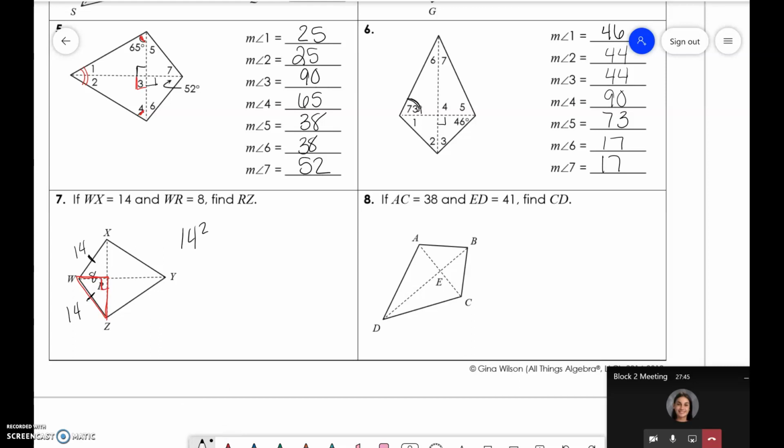So 14 squared is equal to 8 squared plus x squared. So 132 is equal to x squared, and x is equal to 11.5. Does anybody have any questions?